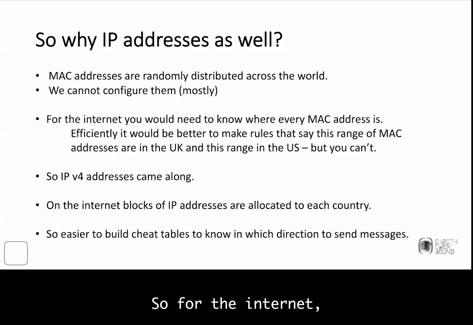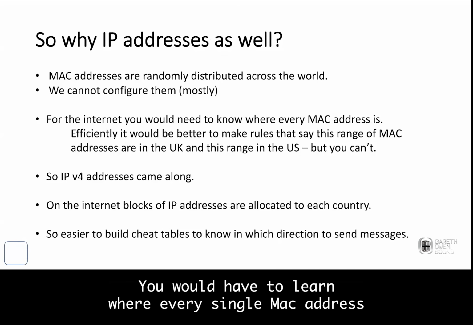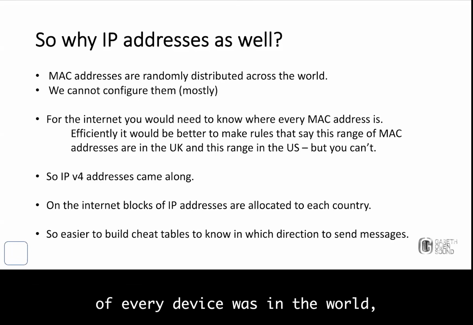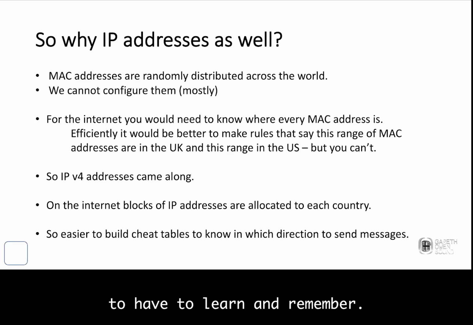So for the internet, you would need to be able to send a packet specifically to anywhere in the world. You would have to learn where every single MAC address of every device was in the world, which is a ridiculous amount of data for every computer to have to learn and remember.